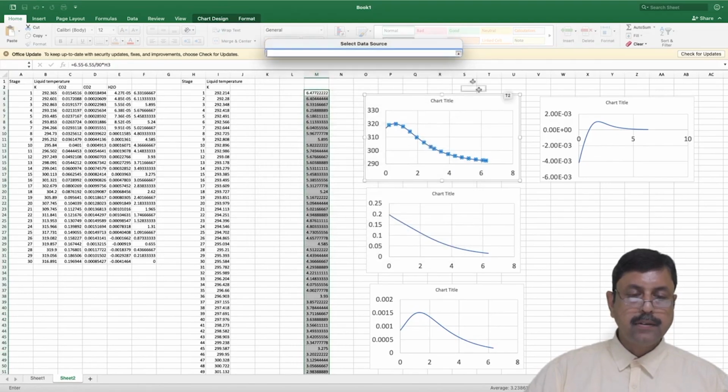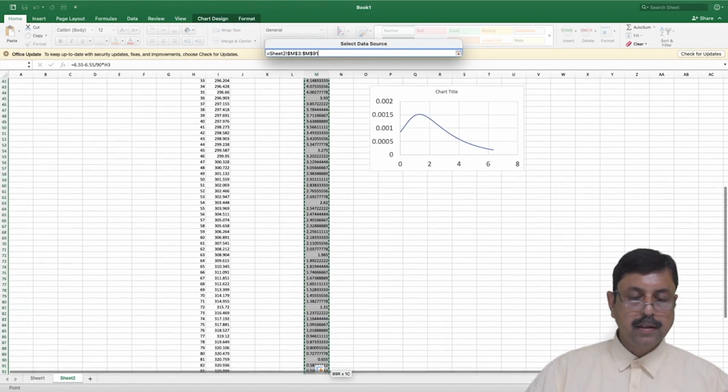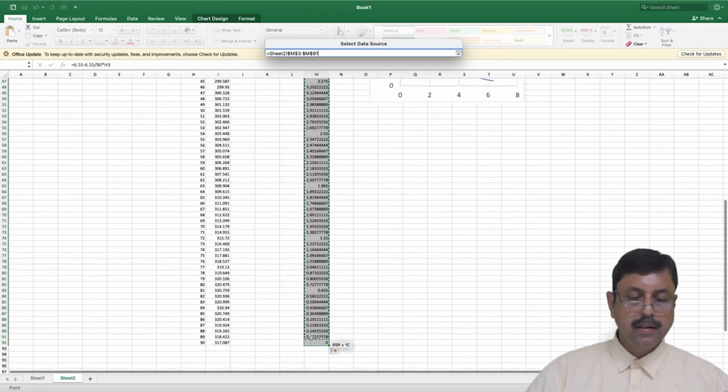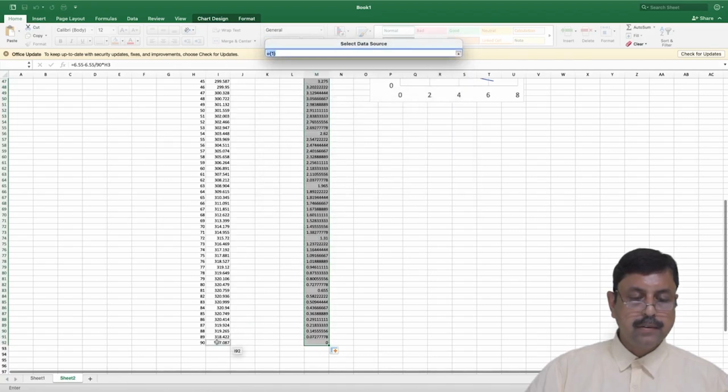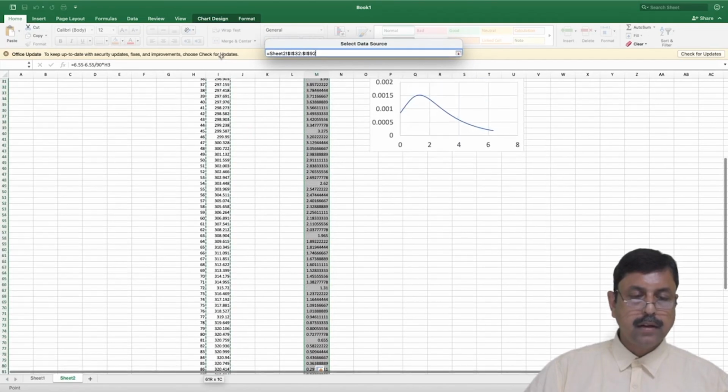So for us, this is the x-axis and y-axis is this one.